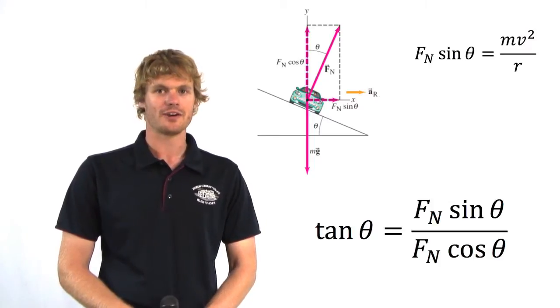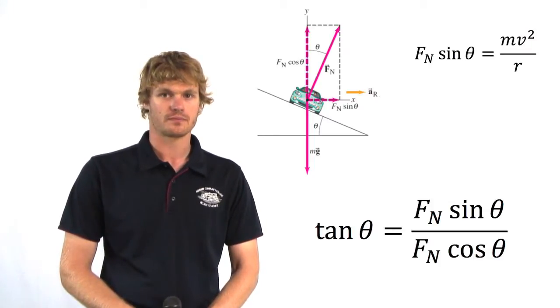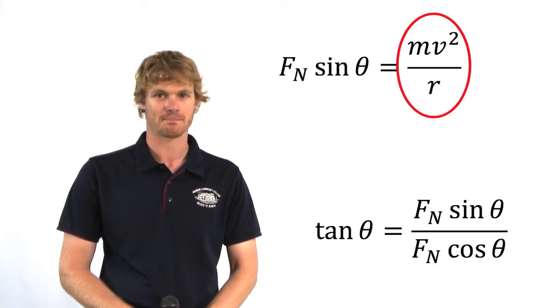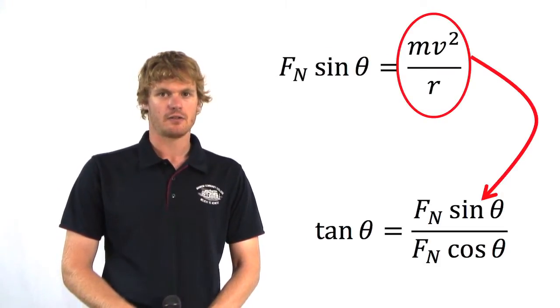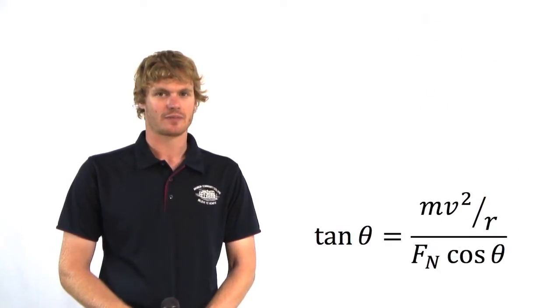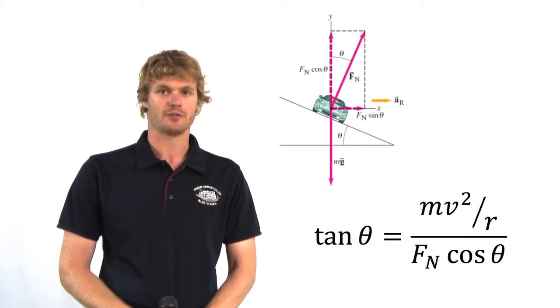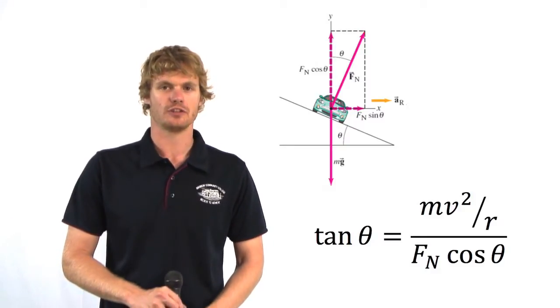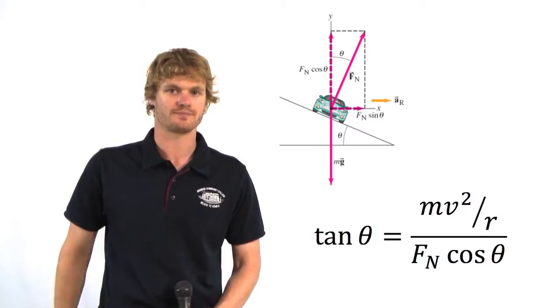So we know that Fn sine theta is equal to mv squared on r. So we can substitute that in. And we know that from our vector diagram, both the force due to gravity and the vertical component of our normal force have the same magnitude.